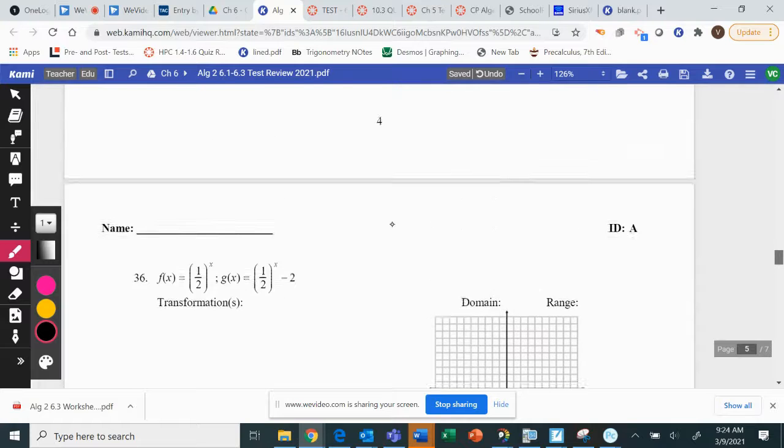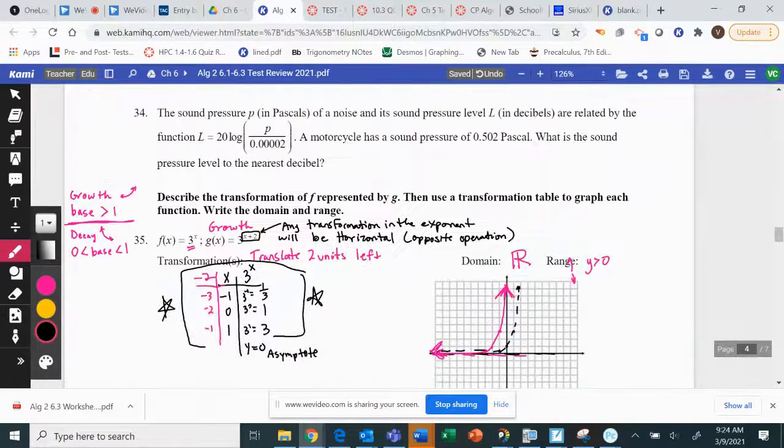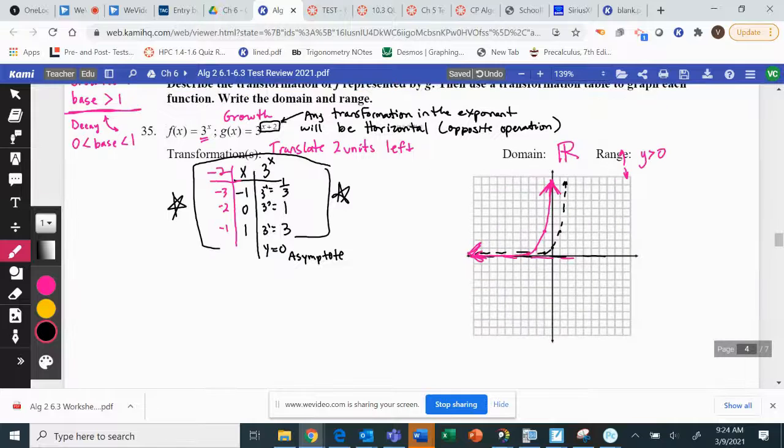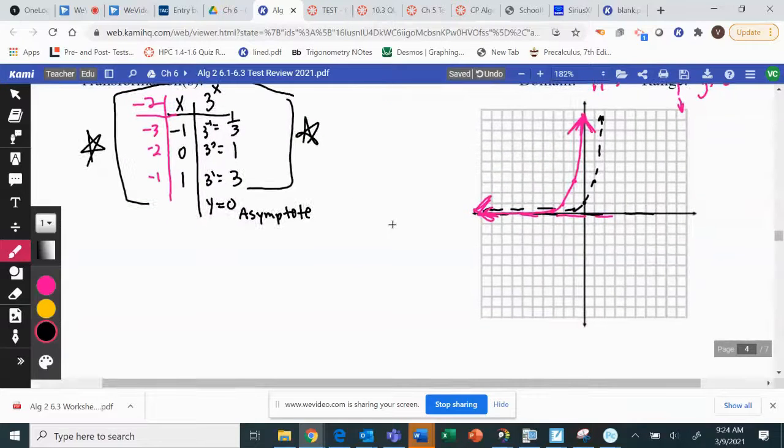Oh, I know what I want to say. What would move the asymptote? This question did not move my asymptote. What kind of transformation would move an asymptote?